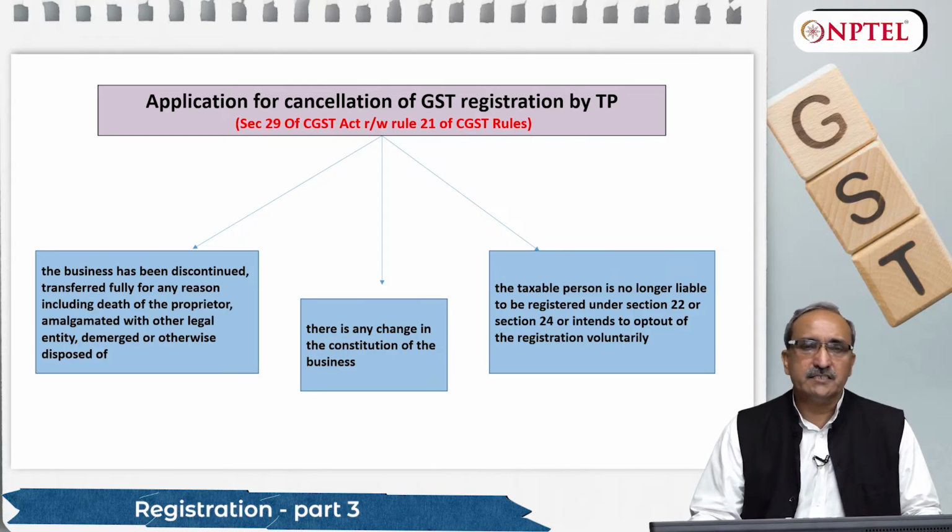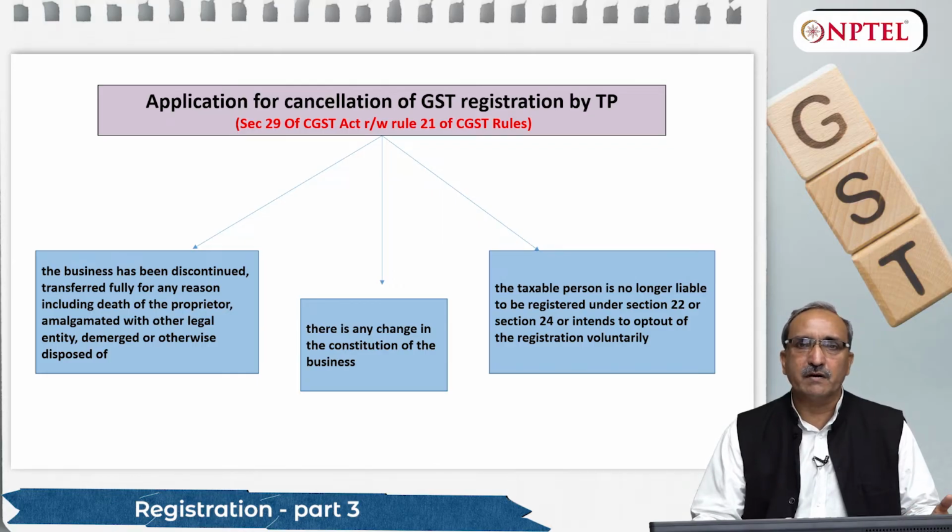If there is any change in the constitution of your business, suppose earlier you were doing business as a proprietorship, but now your family member, your brother, your sister, your wife has joined hands with you and you have formed a partnership firm. For a partnership firm, we need a new PAN number, and once your PAN number is new, obviously your GST number will also change.